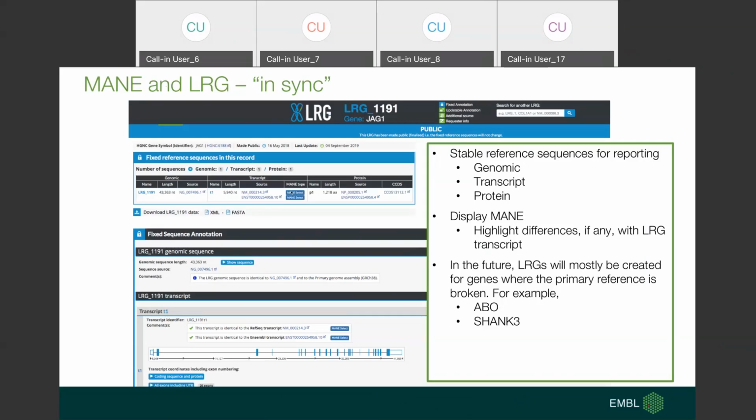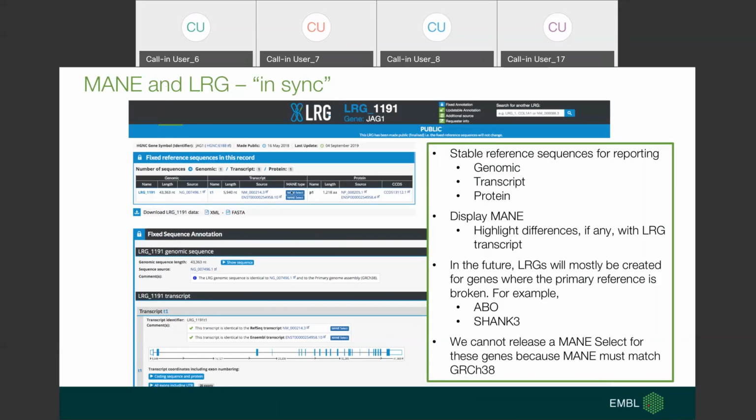We do see a use case for LRG in the future, mostly for genes where the primary reference is broken, that still does exist. I'm giving you two good examples, ABO and SHANK3. The reference is broken. That means that GENCODE cannot produce a transcript that is protein coding across that region. That means that by definition, we just cannot release a MANE Select because MANE has to match the reference.